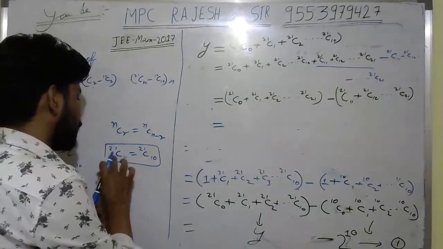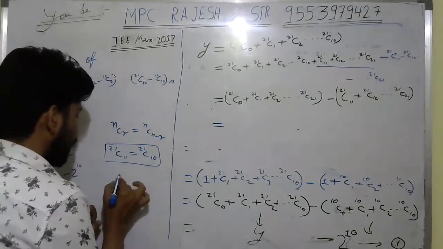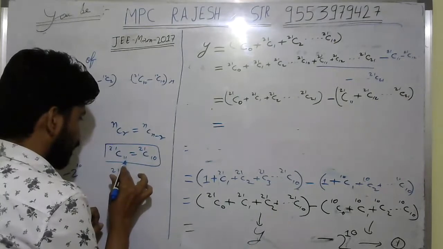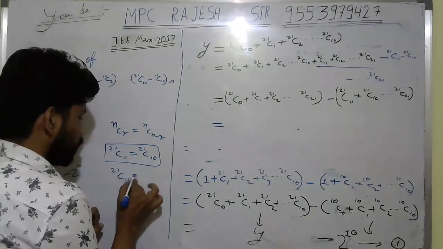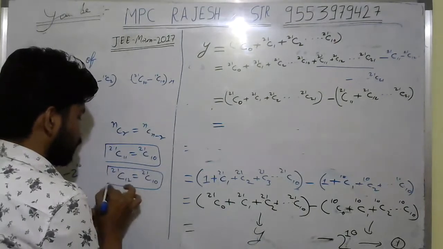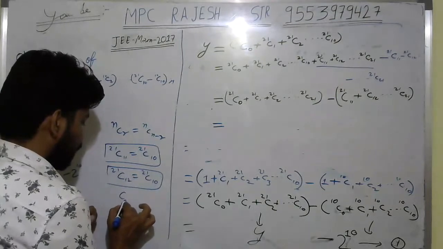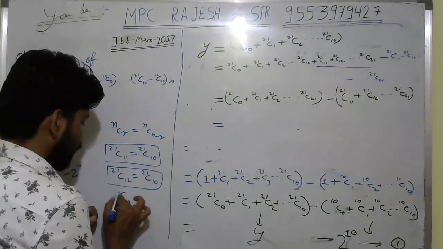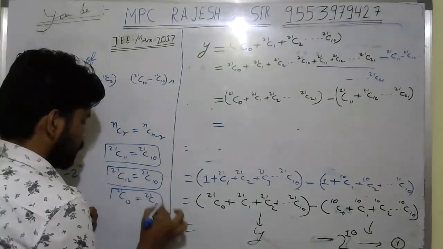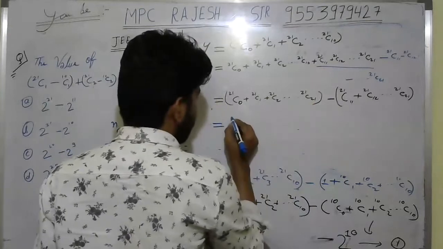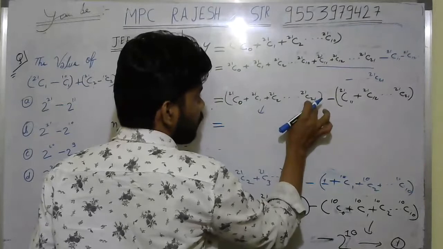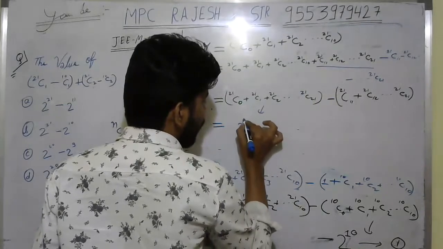Similarly, for the 12th term, 21C12 becomes 21C9. Similarly 13 becomes 8. So this will become 0, 1, 2, 3 up to 21, 21. So 2 to the power 21 this is.